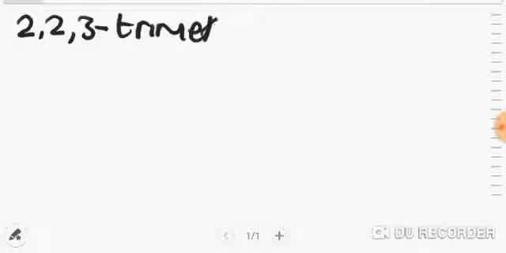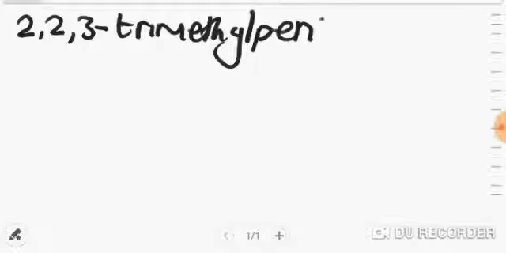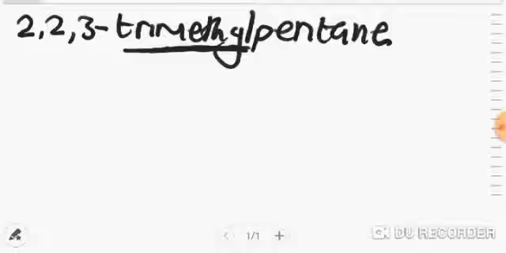It's 2,2,3-trimethylpentane. So let's start. This means we have 3 methyl substituents on our structure. And the parent name is a pentane, which means it has 5 carbon atoms. And this one tells about the positioning of these methyl groups.